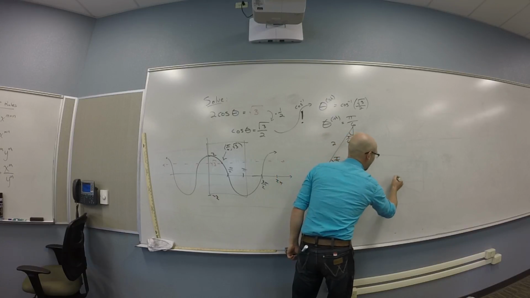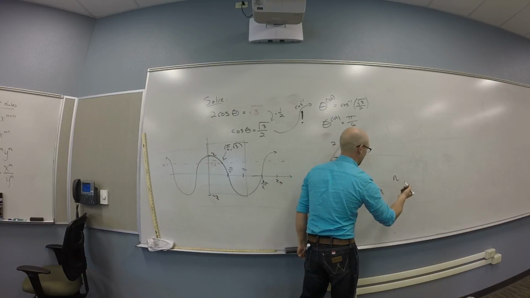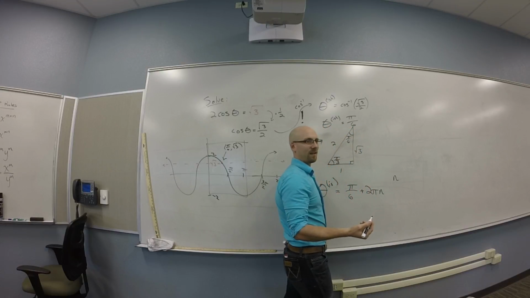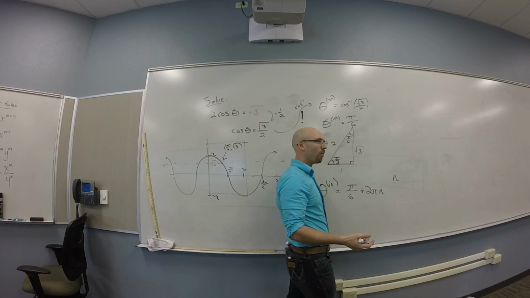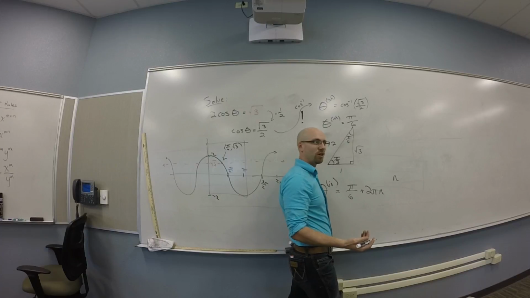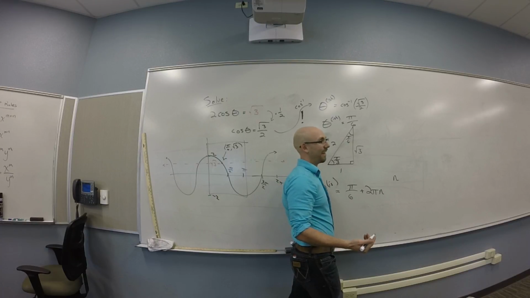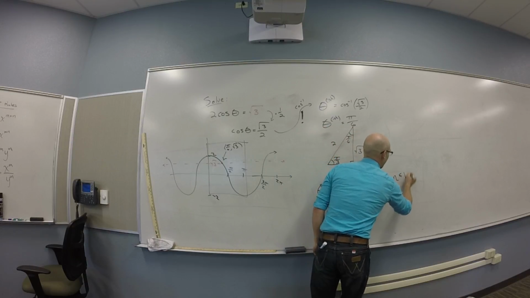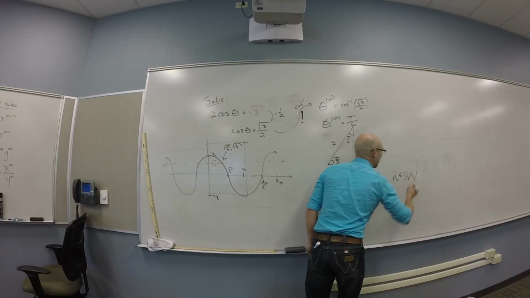And I'll let n be, what should n be? How many times do you want to go? Should it just be a counting number, or a whole number, or an integer? It shouldn't just be a whole number because it happens every period.